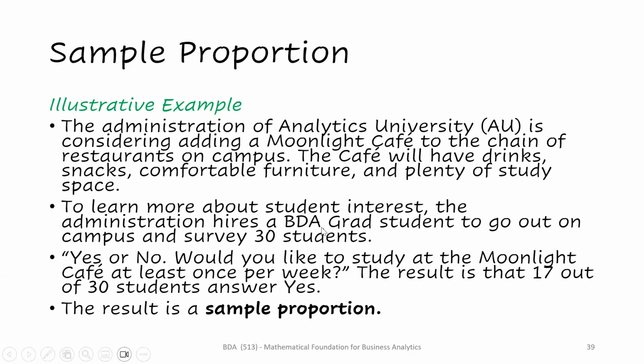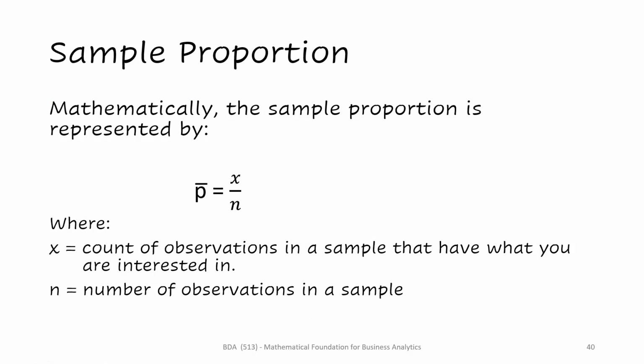So 17 people out of 30 said yes. So the proportion is 17 over 30. This is the sample proportion. So we count the observations in a sample that we are interested in, in this case the yes, and the number of observations in the sample, which is 30. Okay, are we okay with this one?